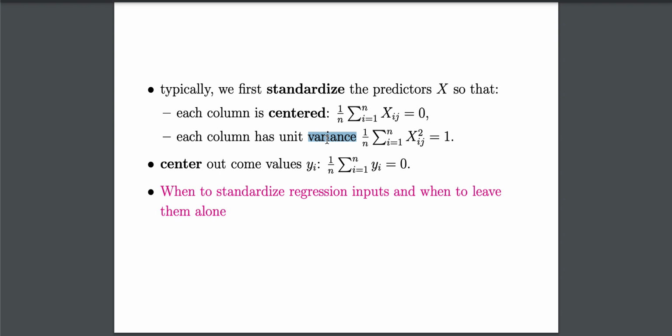Now, why do we do this? There are two reasons why we would do it, and there is one reason why we wouldn't want to do it. The reason we would want to do it is for numerical stability. And that becomes more important in large problems.